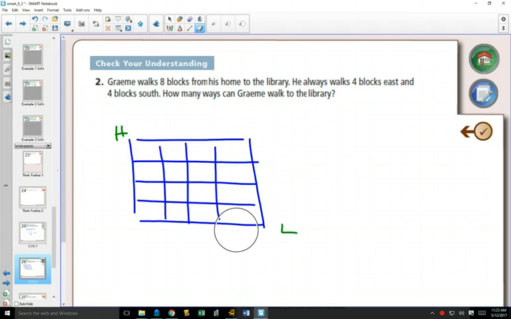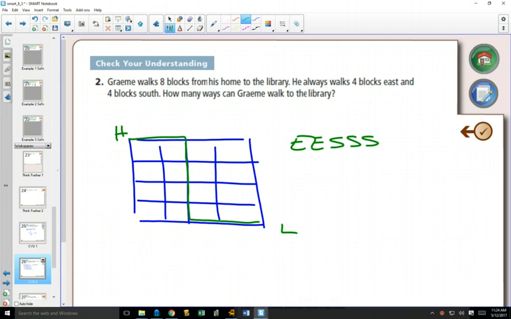Now, this is in the identical objects section, so we have to figure out how is this an identical objects question? How could I represent this as a name? And the answer is easy.